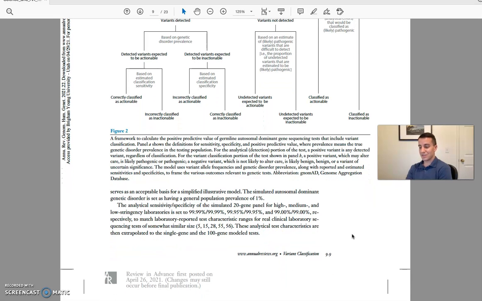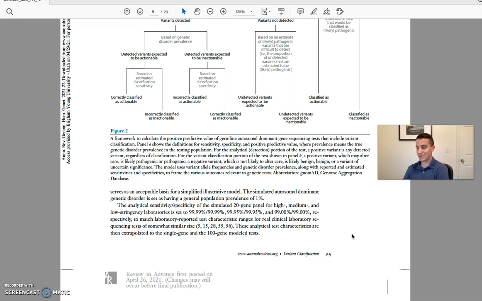The analytical sensitivity and specificity of the simulated 20-gene panel for high, medium, and low stringency laboratories is set to 99.99% sensitivity and 99.99% specificity for high, 99.95% sensitivity and 99.95% specificity for medium, and 99.00% sensitivity and 99.00% specificity for low, to match laboratory-reported test characteristic ranges for real clinical laboratory sequencing tests of somewhat similar size.